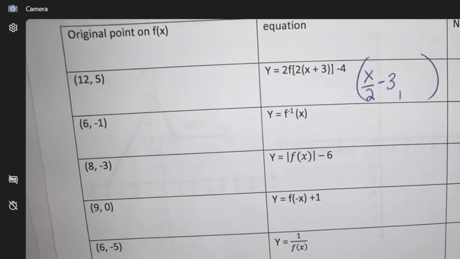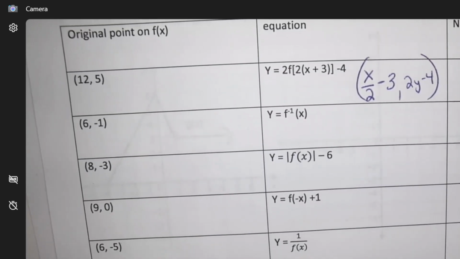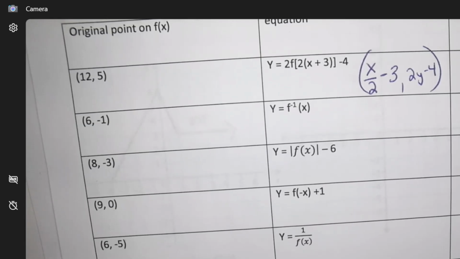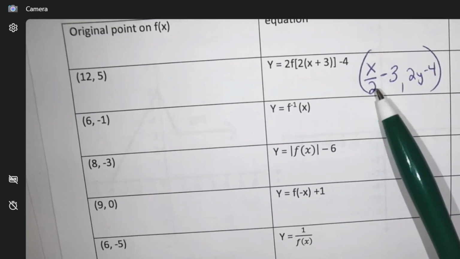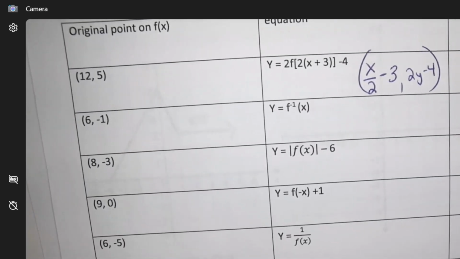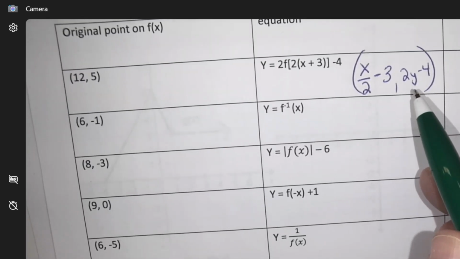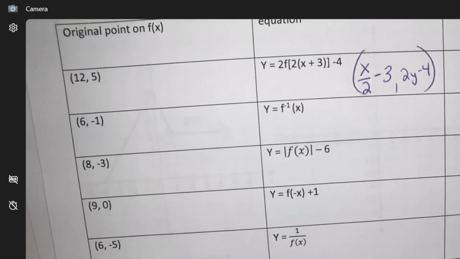You see the B and the C. Okay, so once you have put your ABCD stuff into the coordinate, figure out the coordinates. So 12 is x. So 12 divided by 2, I'm at 6. 6 minus 3 is 3. And then I put the 5 into here. So 2 times 5 is 10. 10 minus 4, 6.